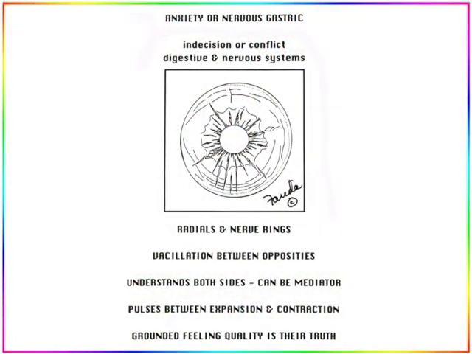And then the lacuna really opening up to structurally opening. The circulatory hardening, where the circulatory lymph skin zone begin to display this white ring. And then the anxiety or nervous gastric, where you have a relationship between the nervous and digestive system, and this very strong expansion being matched by the equally strong contraction.